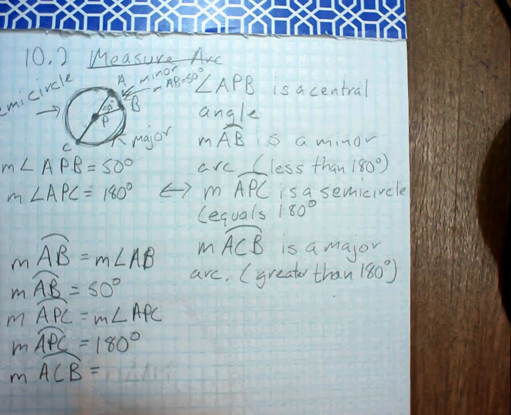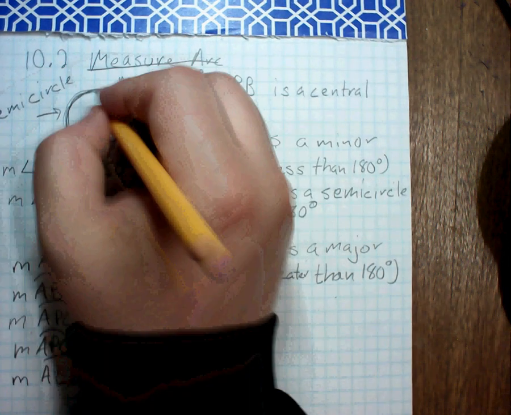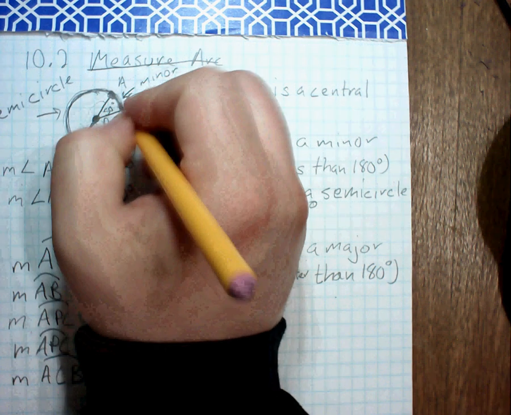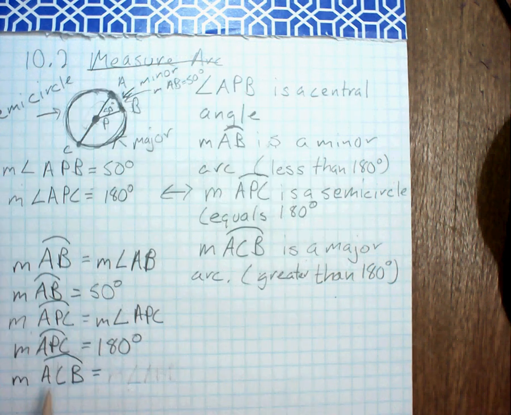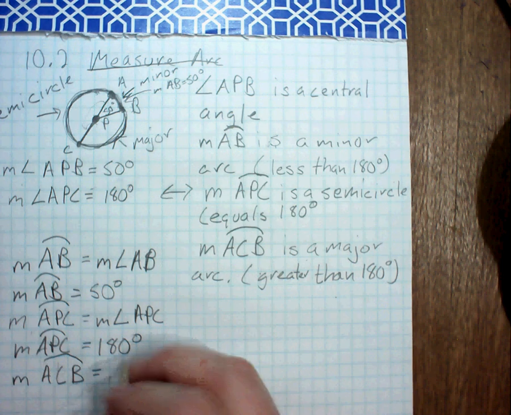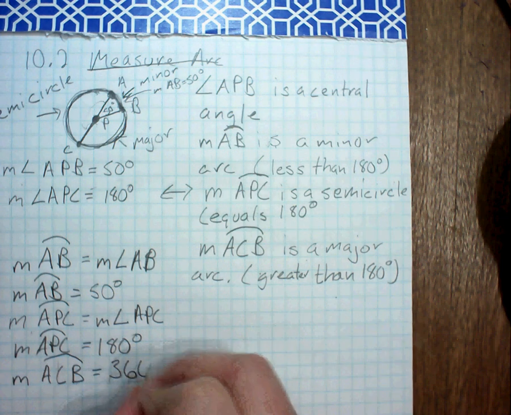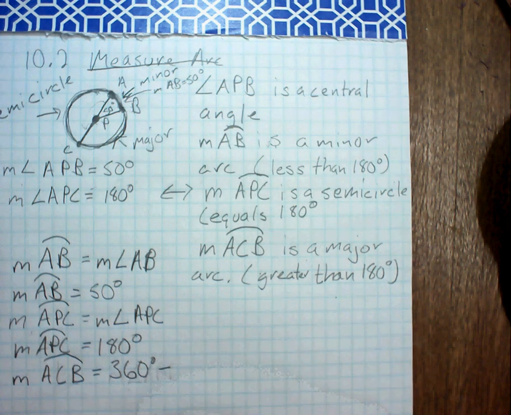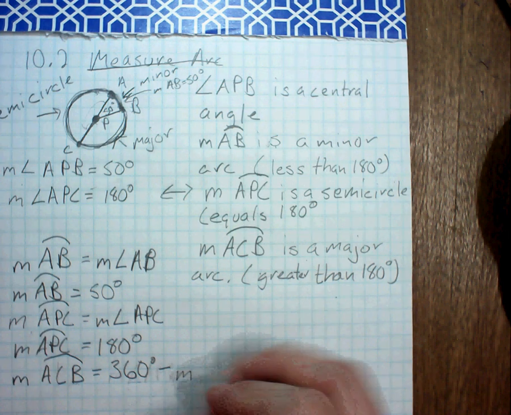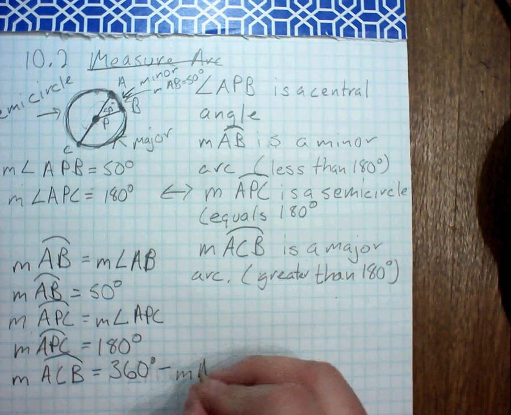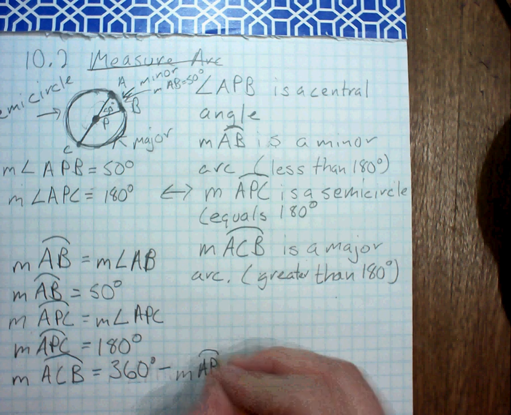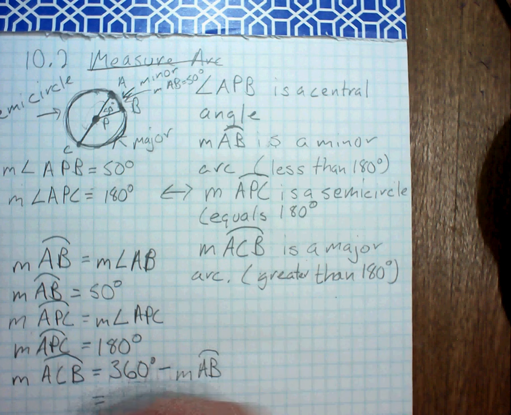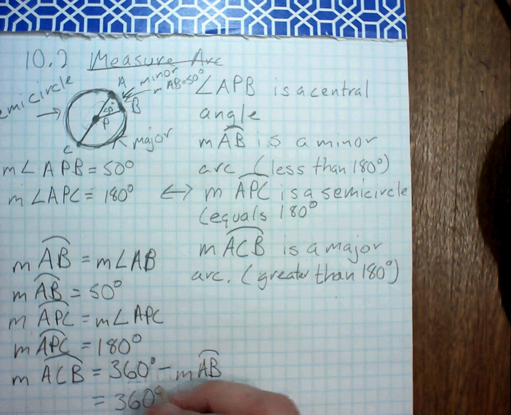So usually what we do here is we would say that ACB, in other words, if we're measuring the arc ACB, that's equal to 360 minus the minor arc, which is the measure of AB. In other words, that would be 360 minus the measure of AB, which is 50 degrees.